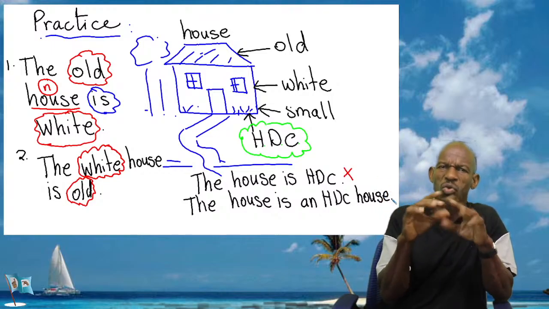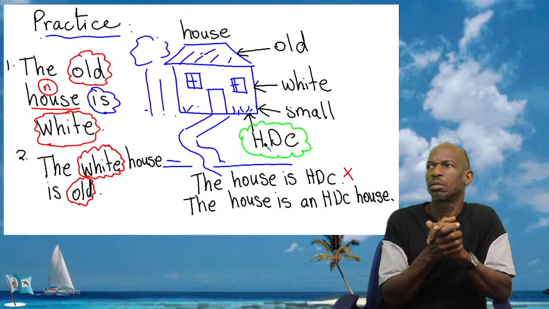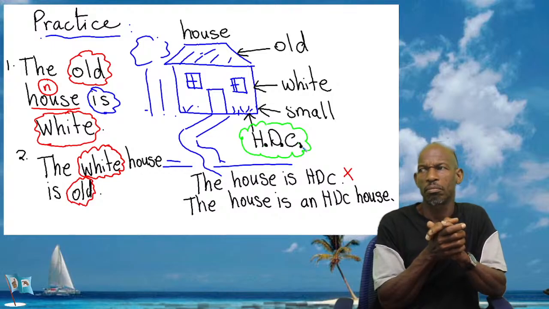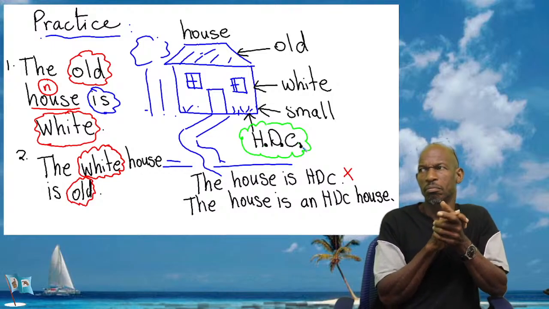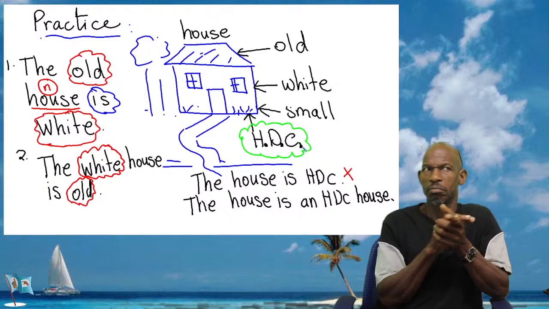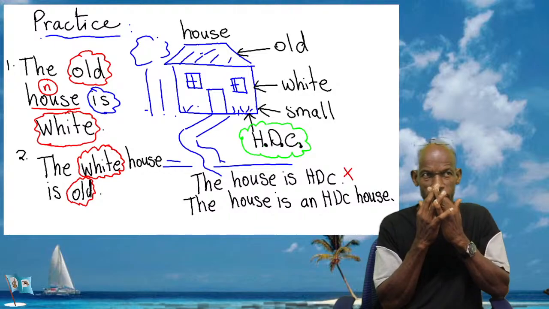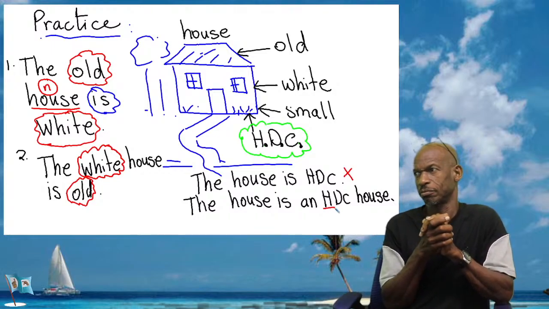HDC is a name given, the short way to write a name of a place. I cannot use it as an adjective and use it after the noun. I have to use it before. I must use it before. All right, so I have HDC and then I have house.